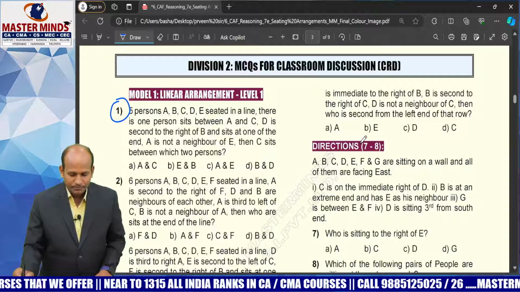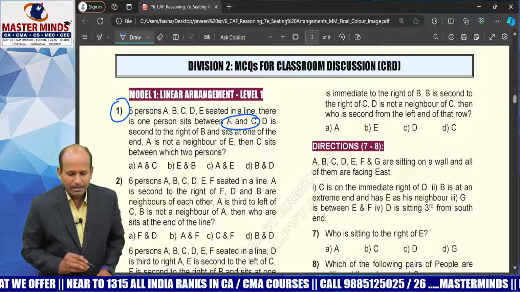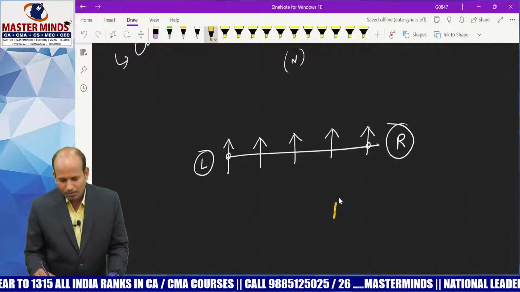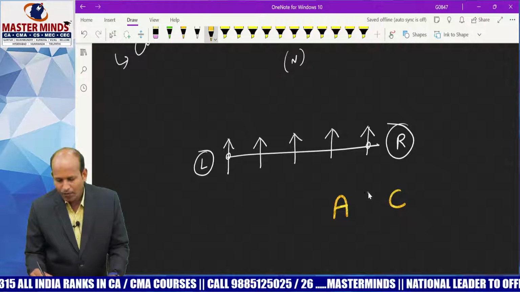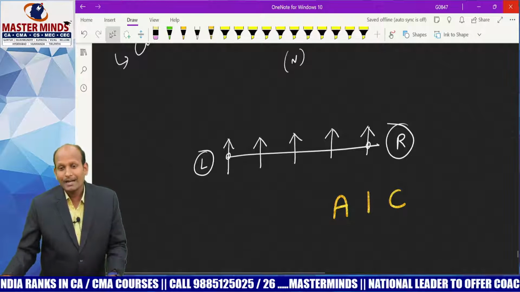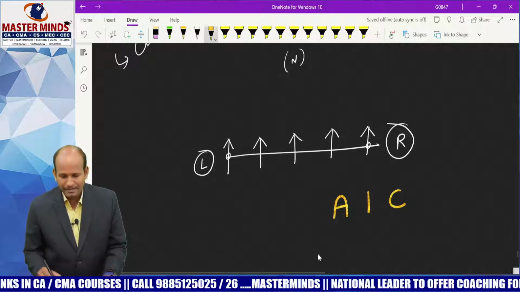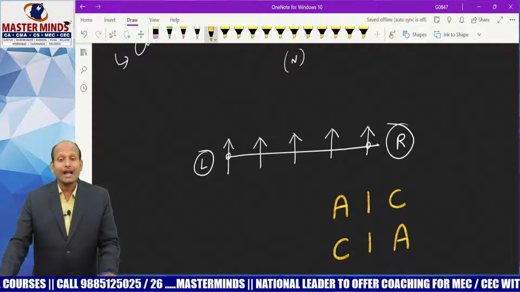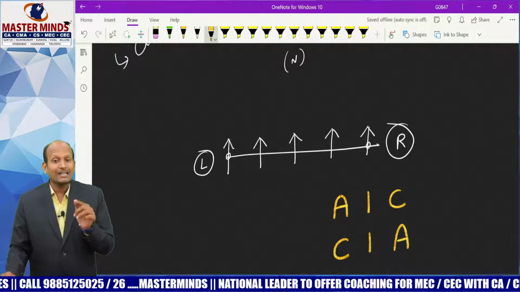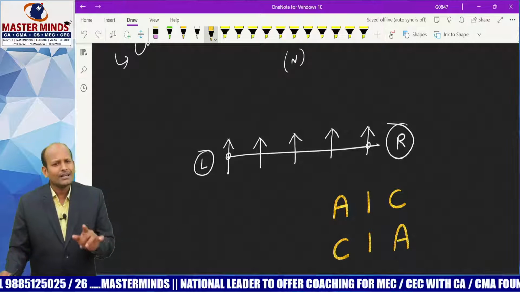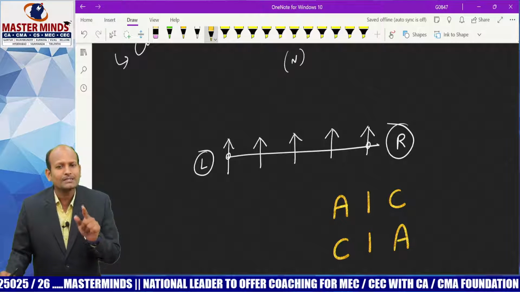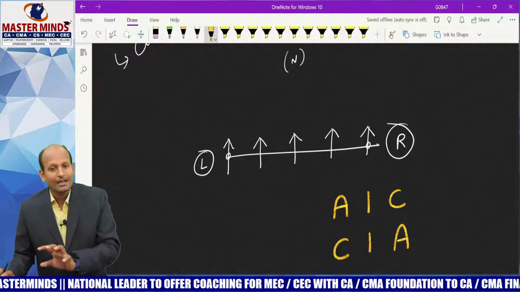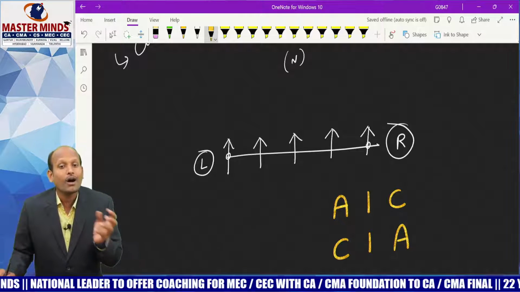First condition, there is one person between A and C. Okay, A and C have one person between them. But the major complexity here is that they can sit like A one gap C or C one gap A. Sir, it is clearly mentioned that there is one person between A and C. Yes, but is A towards the left side or the right side?